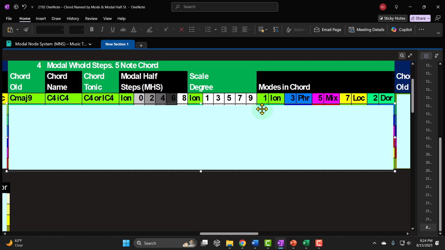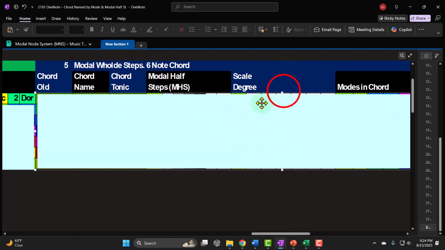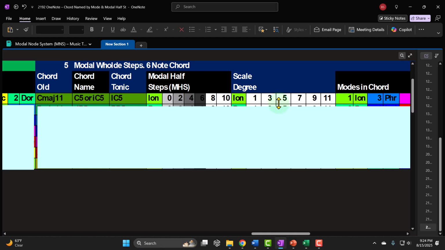In other words, if I'm on the 1 and I go up 2 to 3, that's Phrygian, up 2 to 5, that's Mixolydian, up 2 to 7 is Locrian, up 2 gets me back to 2 because there's only 7 modes. So that would be a 1, 3, 5, 7, 2 or Ionian, Phrygian, Mixolydian, Dorian chord. All right, and then if I go to the next one, it's a 6-note chord.